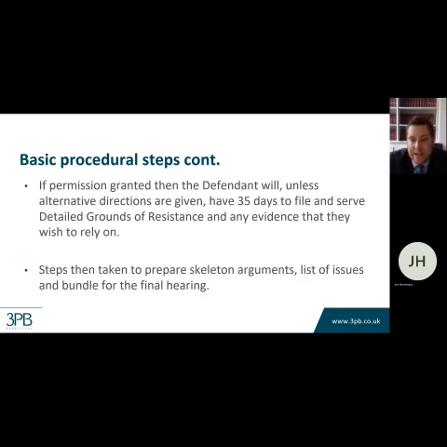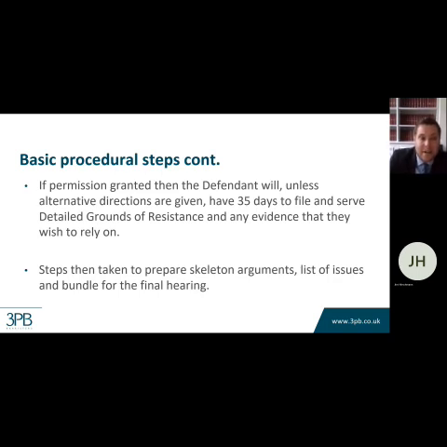Assuming, however, that you're successful in your application and permission is granted, the defendant then has 35 days to file and serve detailed grounds of resistance and any evidence that they wish to rely on. And you'll notice, of course, the difference between detailed grounds of resistance as compared to summary grounds of resistance, and you can probably guess that detailed grounds of resistance, as one might expect, have to answer the entire claim put forward by the claimant.